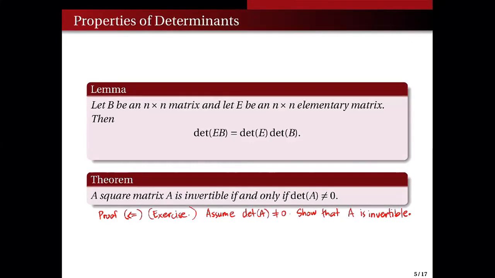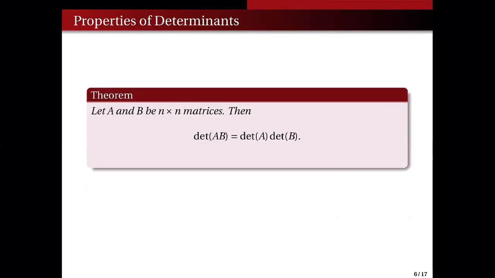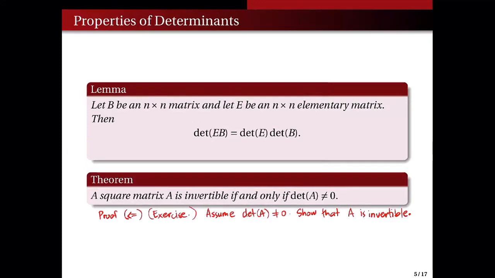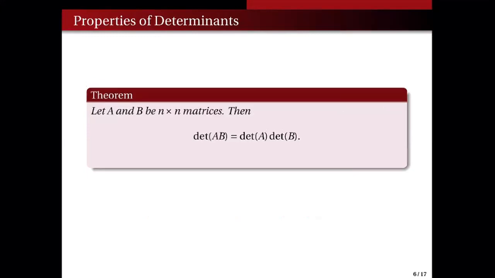Now, also, following from this, we have the following theorem. If A and B are n by n matrices, then the determinant of AB is equal to the determinant of A times determinant of B. In here, you can have any matrix as long as they are square and of the same size.